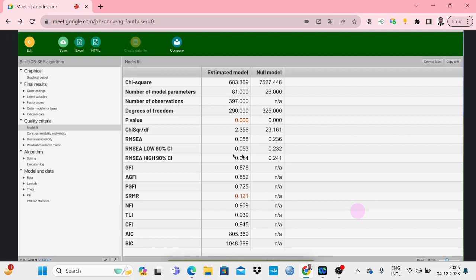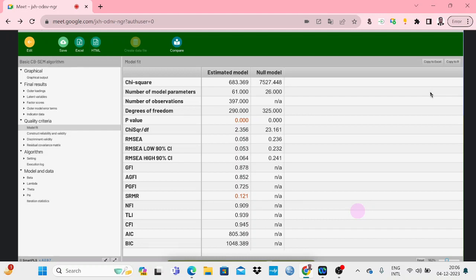As you can see, there are a lot of fit indexes, a lot of numbers, and abbreviated fit index names shown here. I'll explain all these abbreviations, and their values are estimated for the model.